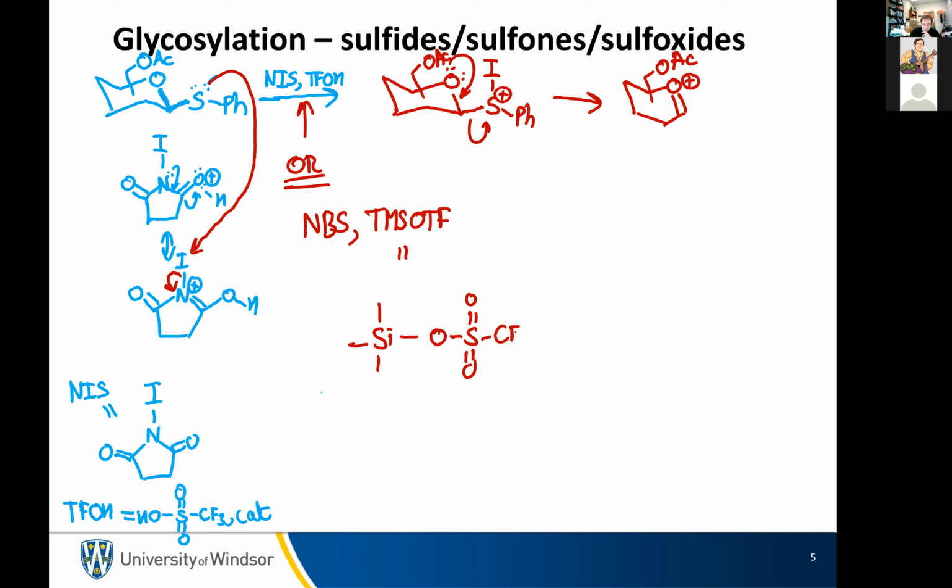So basically, instead of an H plus, we have a silicon plus. You can think of this as fancy H plus. Basically the same thing, except you don't need to have any water present. It could be completely dry. It's hard to get completely dry H plus. It's very easy to get completely dry TMS plus.